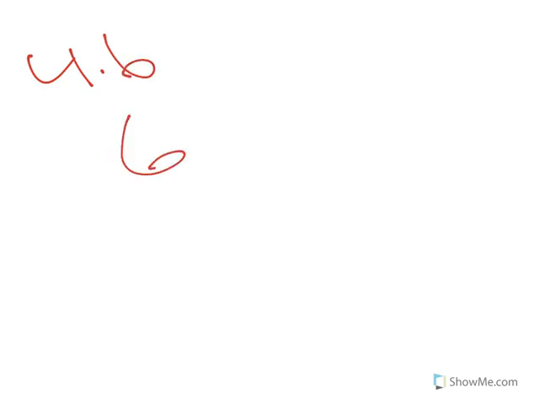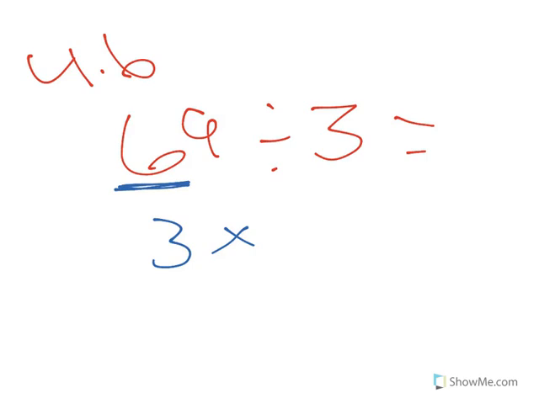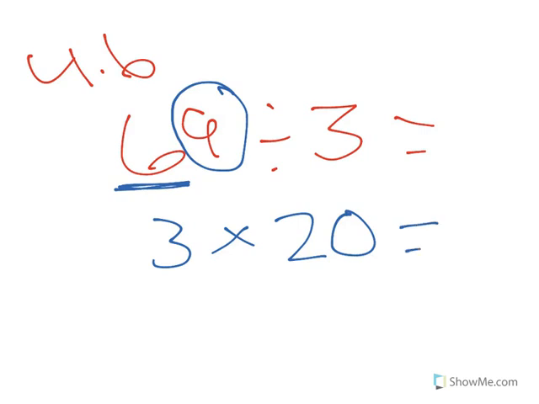So I've got 69 divided by 3. Now, we're going to do what we just did in the previous lesson, but when I have a two-digit number, I'm just going to look at the first digit. So 3 goes into 6 how many times? Good, 2. And then because of this, remember, I've got to add a 0. So 3 times 20 is 60.